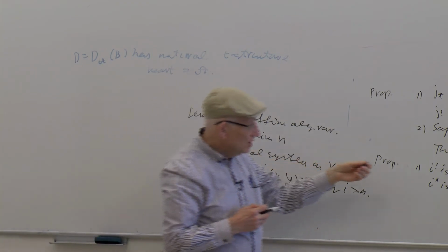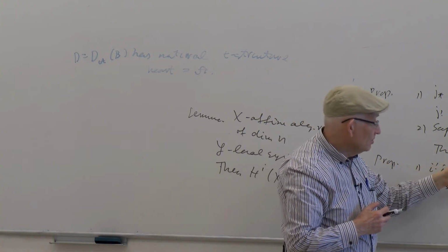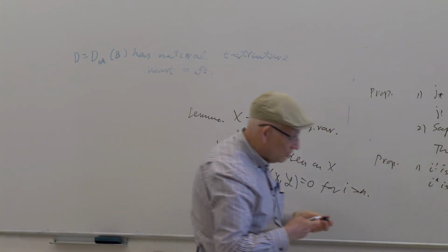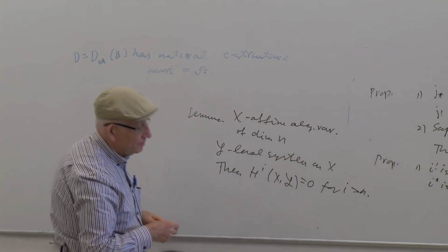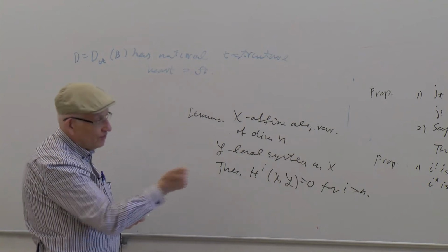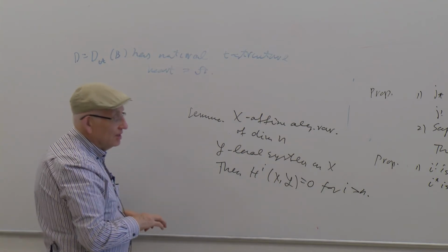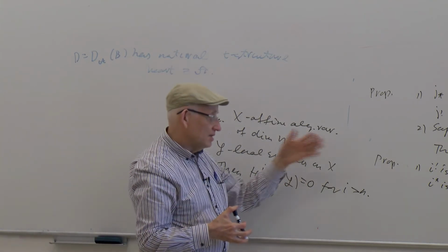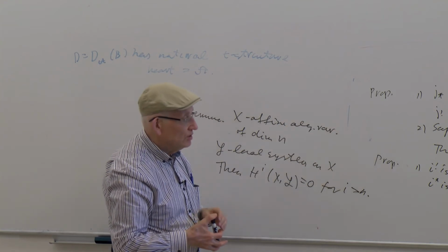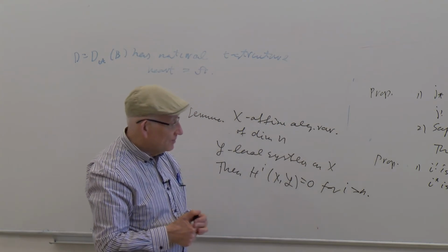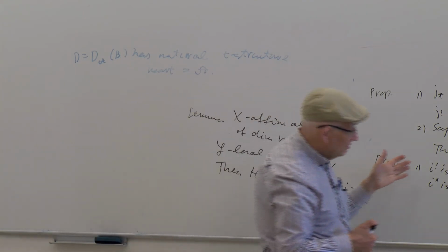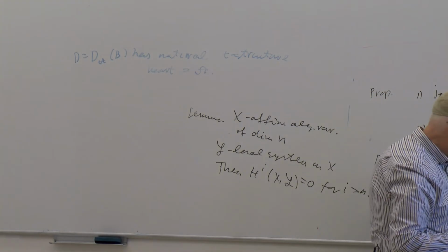And from this, you deduce this property by just estimating the fiber of the direct image at all points. And from this, you deduce all the other properties. So I explained why it should be true.